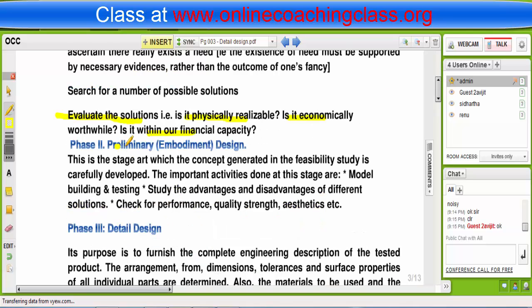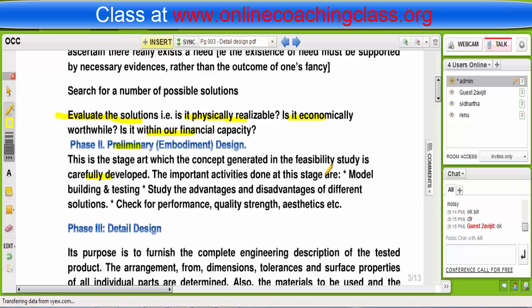Now preliminary study. What is a preliminary study? This is the stage at which the concept generated in the feasibility study is carefully developed. The important activities done at this stage are model building, testing, study of advantages and disadvantages of different solutions, and checks for performance, quality, strength, aesthetics, etc. Now see, in the first stage we collect the need.